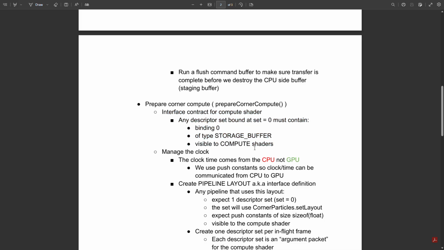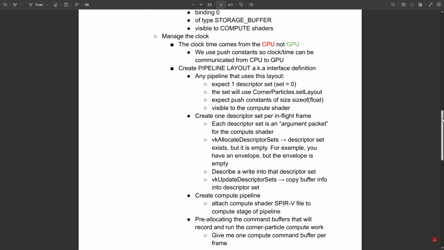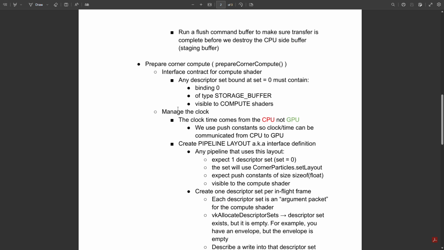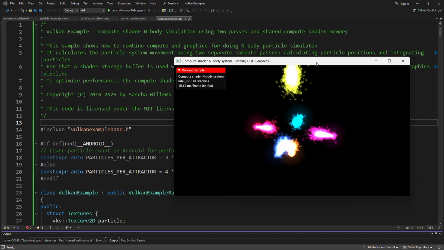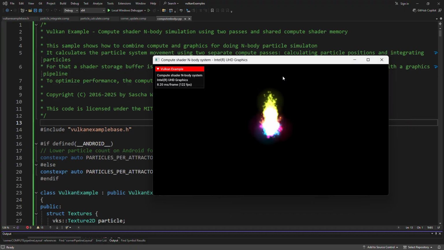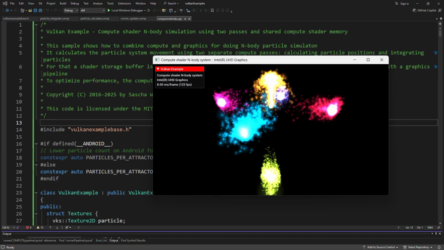Now, an interesting part that I didn't have an appreciation for, honestly, is this idea of managing the clock. What happens is that in these applications, the clock, the timer, is actually being run on the CPU, right?